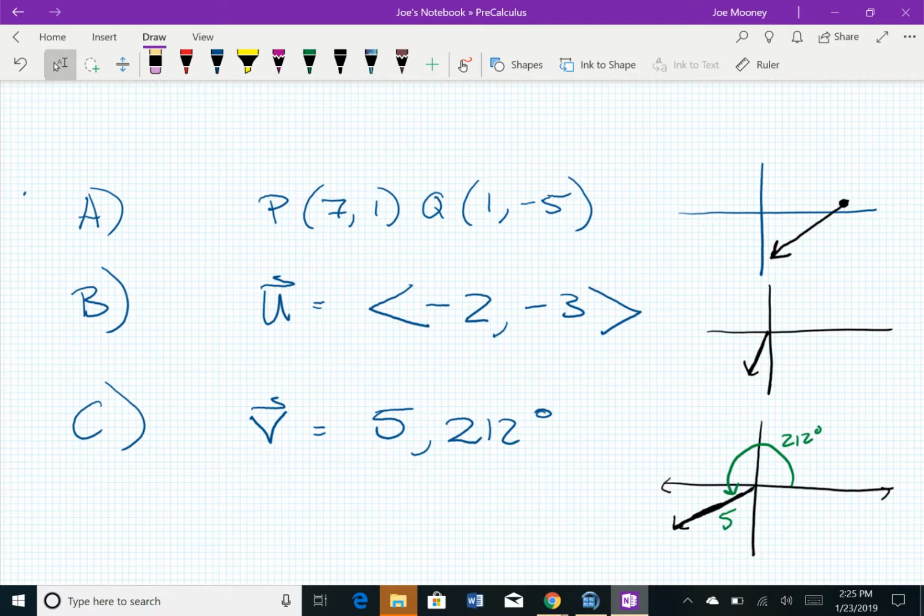Hang on. Oh, from which one are you doing? First one. So you're going left 6, down 6. I moved it back up. So left 6, down 6. What do you get?